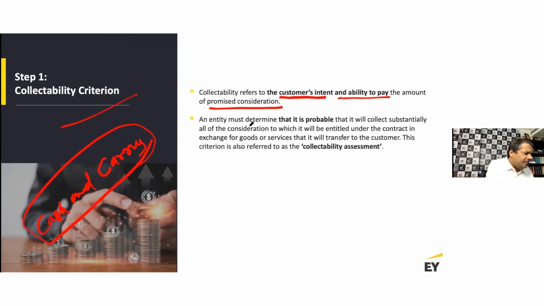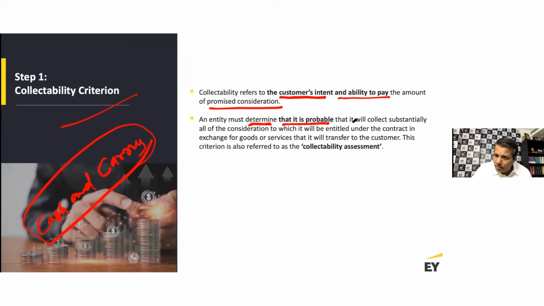An entity must determine that it is probable that it will collect substantially all of the consideration to which it will be entitled under the contract in exchange for goods or services that it will transfer to the customer. This criterion is also referred to as the collectibility assessment.